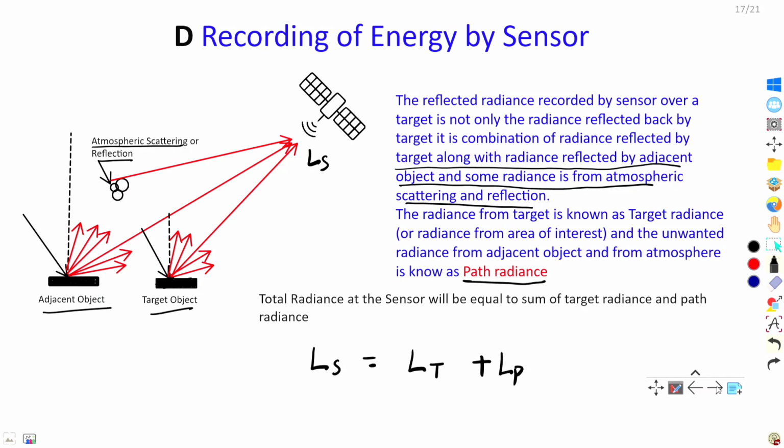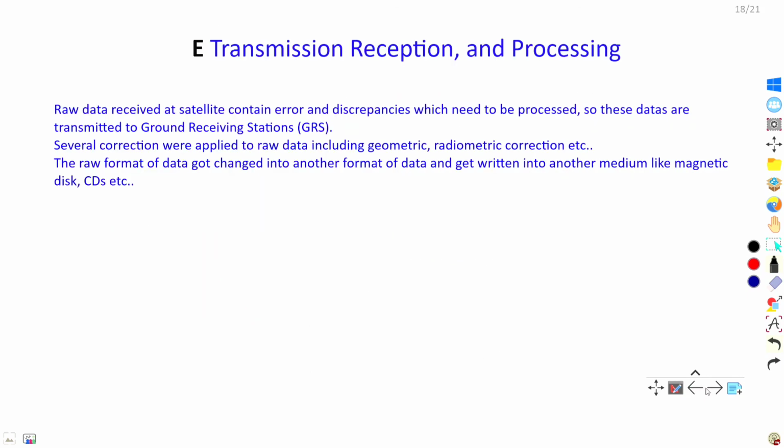Next, we are moving towards transmission, reception and processing. This can be understood as: when raw data is received by the satellite, it contains some amount of error and discrepancies which need to be corrected.